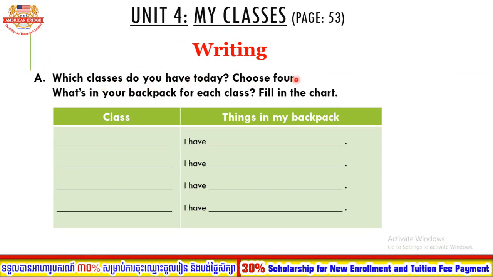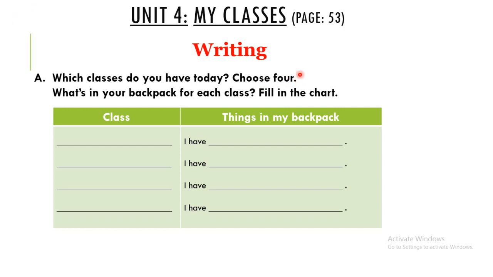As you know, we just learned the words for subjects recently, right? Like geography, math, art, music, computer. So there are 8 subjects that we just learned. Now they want you to choose 4 subjects, and then tell your friend or tell me what kind of material you will bring with you.